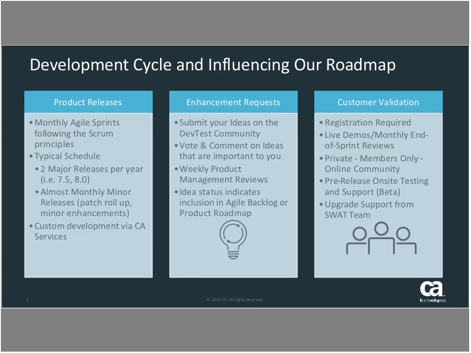Okay, the first slide I wanted to go through with you is just to give everyone a level set on what our development cycle looks like on the product and how you can influence our roadmap. So the DevTest product line, which includes CA Service Virtualization, CA Application Test, and CA Continuous Application Insight, all release together.